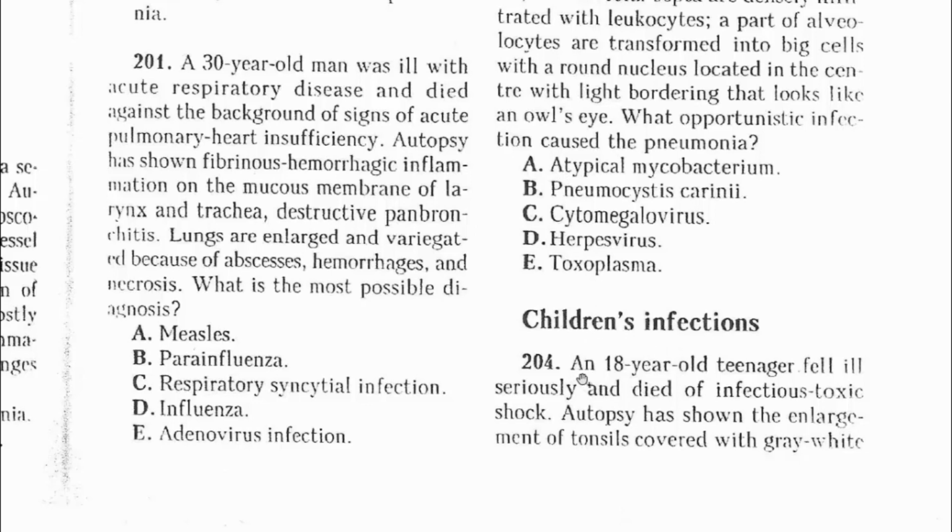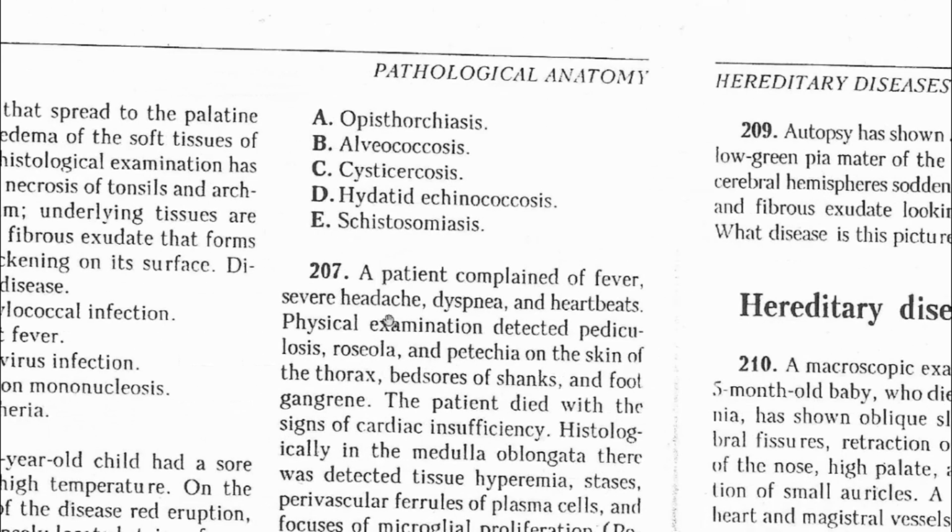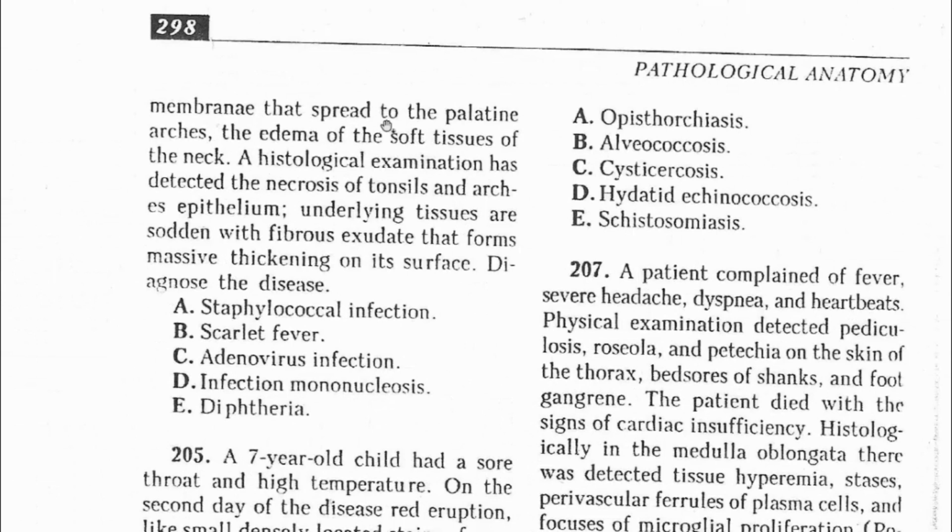Children's infection. An 18-year-old teenager fell ill seriously. How can an 18-year-old be a child? Anyway, and died of infectious toxic shock. Autopsy has shown the enlargement of tonsils covered with gray-white membrane that spread to the palatine arches, the edema of the soft tissue of the neck.